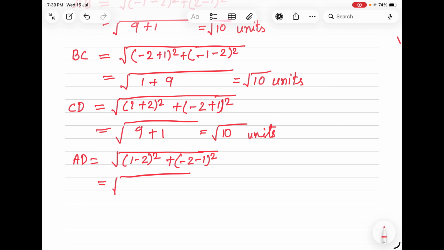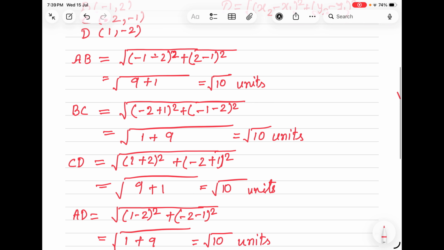So we get (1 minus 2) is -1, whole square 1, plus (-2 minus 1) is -3, whole square 9. So it equals square root of 10 units.